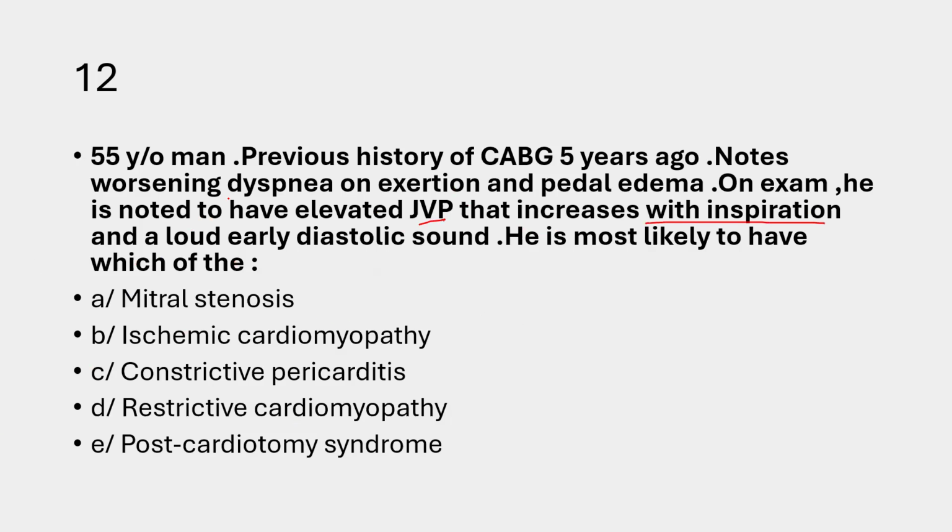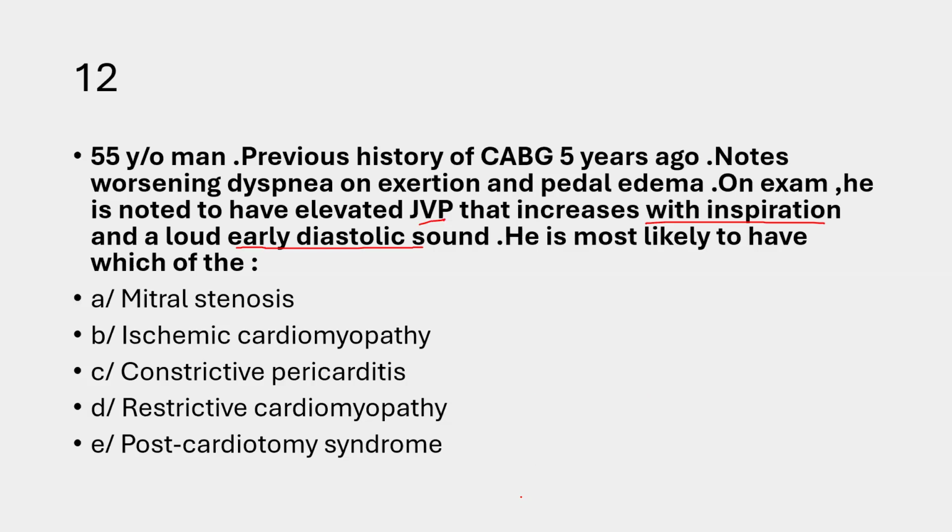And there is a loud early diastolic sound, and this speaks about pericardial knock. So he's most likely to have which of the following? Mitral stenosis, ischemic cardiomyopathy, constrictive pericarditis, restrictive cardiomyopathy, post-cardiotomy syndrome. So this is easy. And post-CABG.